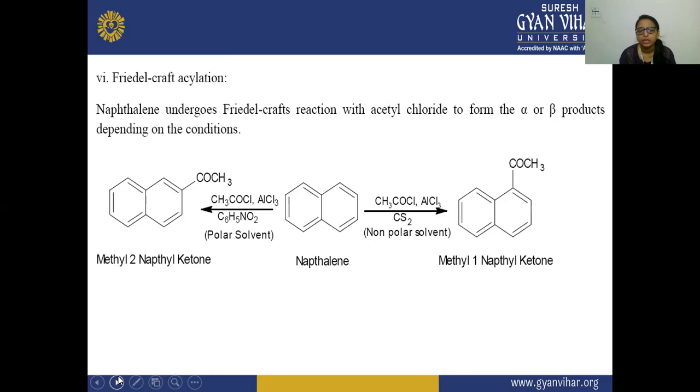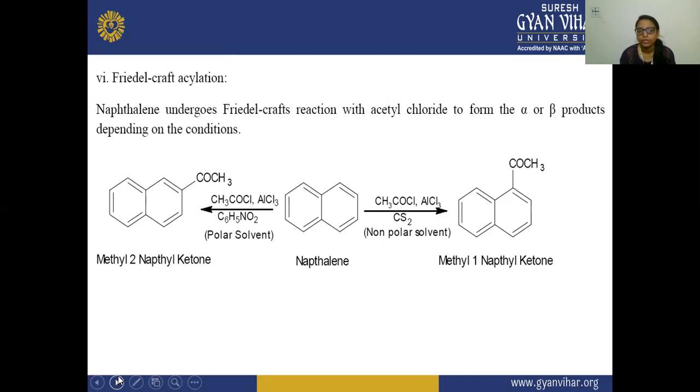When methyl 2-naphthyl ketone is formed, a polar solvent is present, and in the second, methyl 1-naphthyl ketone is formed with a non-polar solvent. So naphthalene is reacting with acetyl chloride in the presence of the catalyst, aluminum chloride, and two solvents are given. One is a polar solvent and the second is a non-polar solvent. The polar solvent is nitrobenzene, and the non-polar solvent is carbon disulfide.